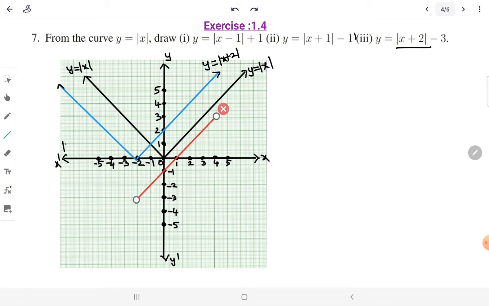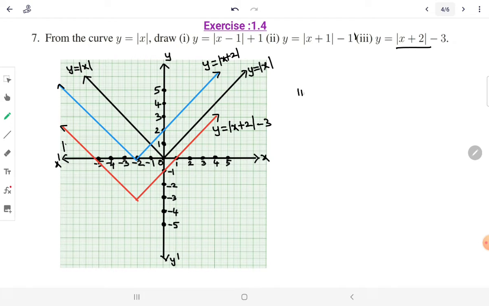So it comes till here. Similarly, draw a curve here. So this red color graph is your final answer. Y is equal to modulus of x plus 2 minus 3.